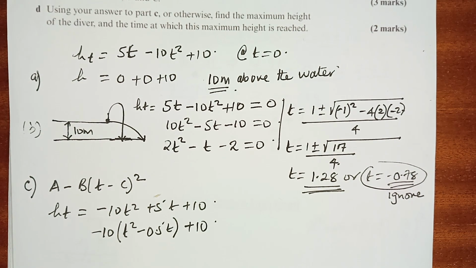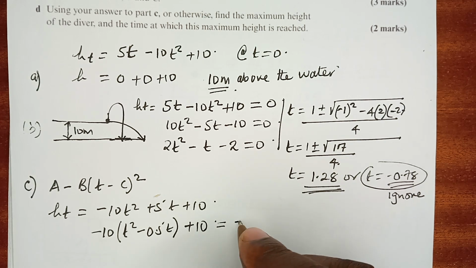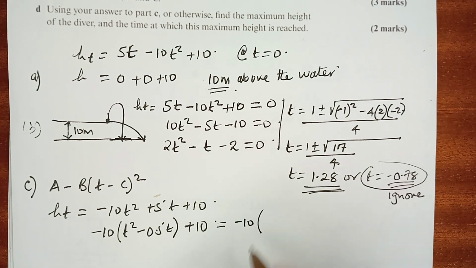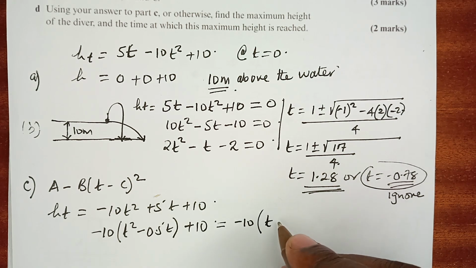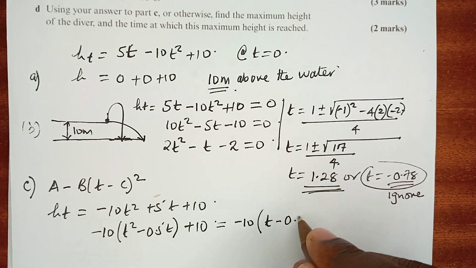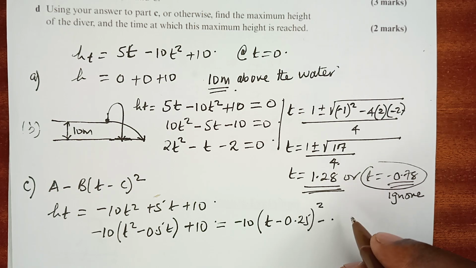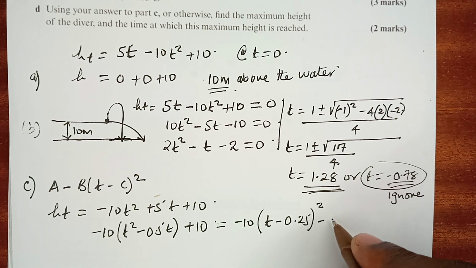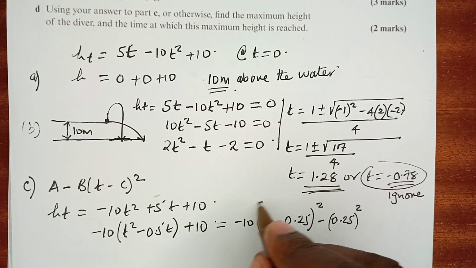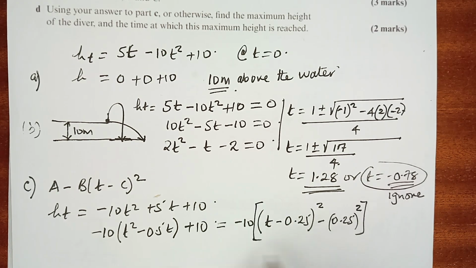And as you can see, this becomes now minus 10, (t, divide this one by 2, which is minus 0.25, close bracket, squared, minus 0.25 squared). The whole of that part is affected by negative 10, plus 10.